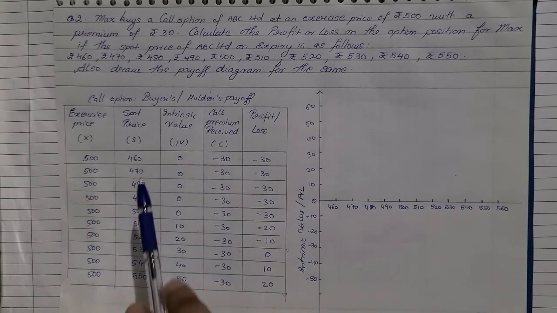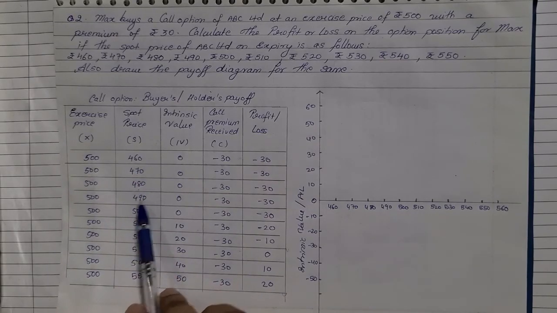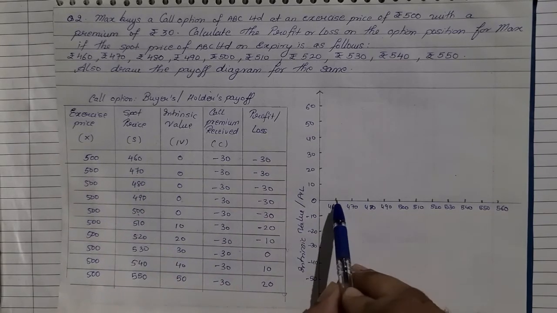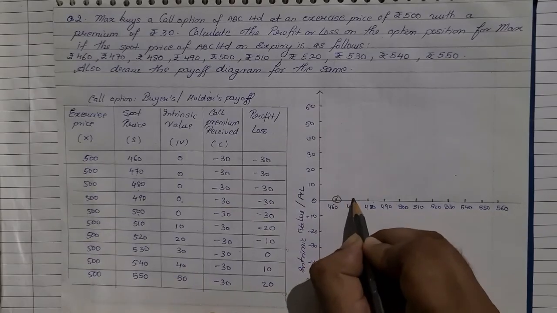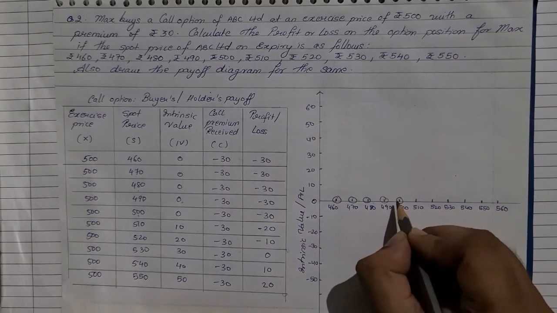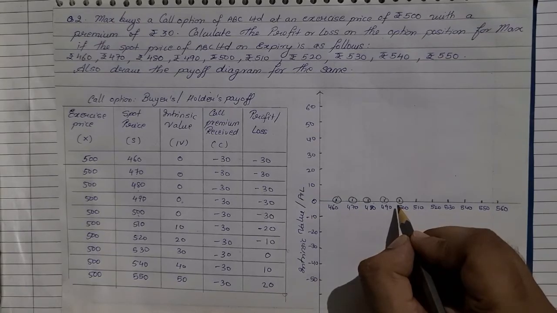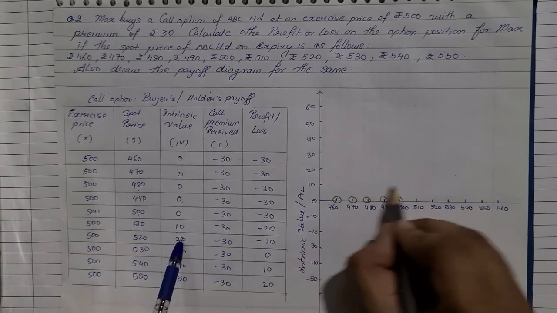Now at the spot price 460, 470, 480, 490 and 500, the intrinsic value for each of the cases was 0. So I'll just mark down those points. So we have all those values up to 500, 0. Thereafter at 510 the intrinsic value became 10.